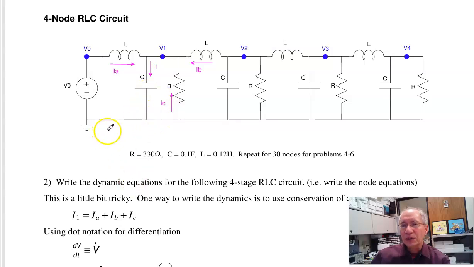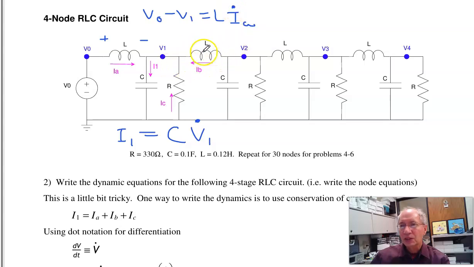So I get I1 is C times V1 dot, using dot notation to mean derivative. I know that the voltage across the inductor is L di/dt, so V0 minus V1 is L IA dot.